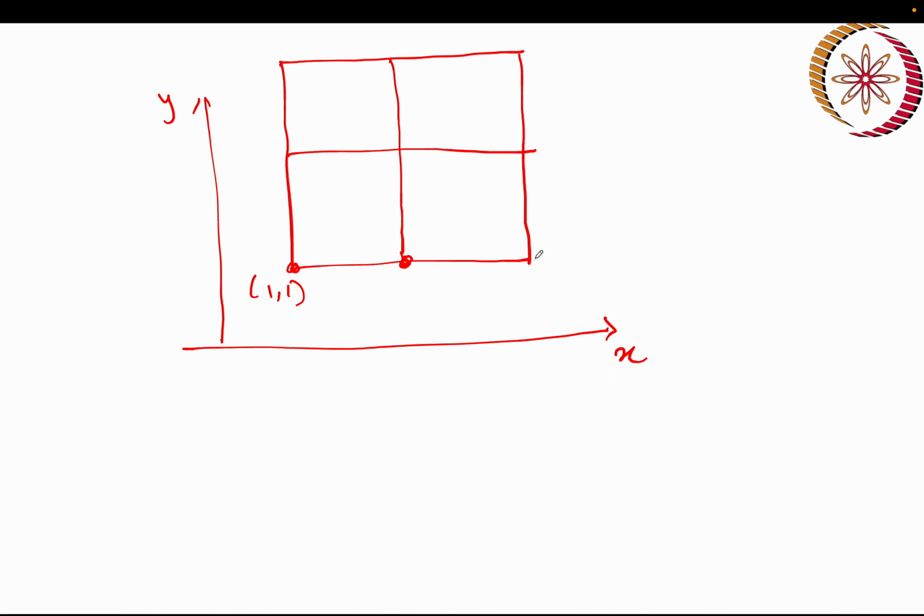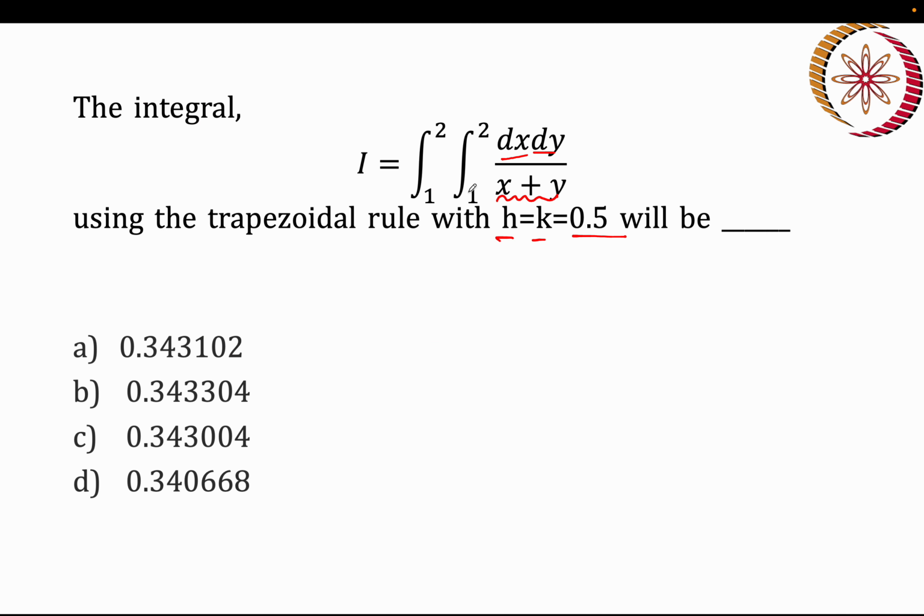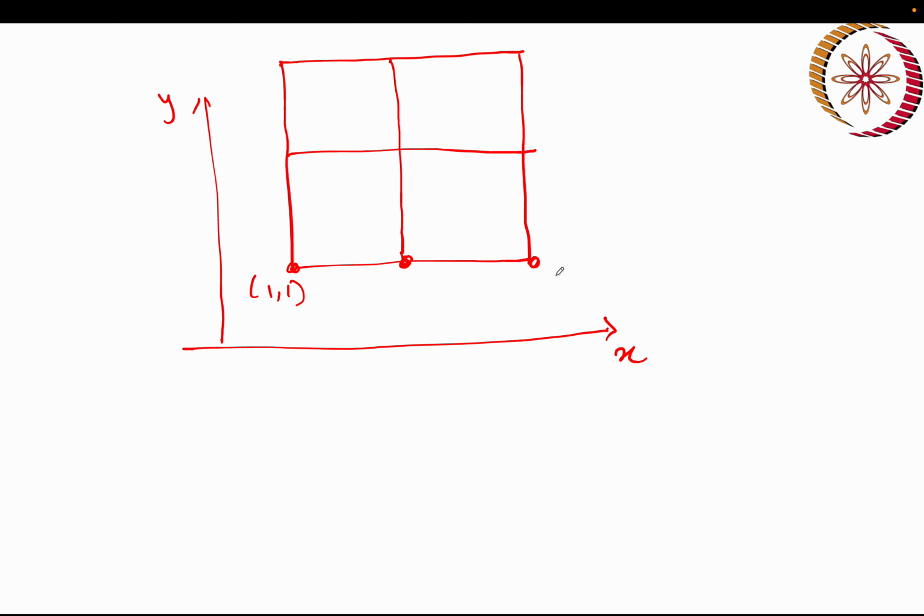The limit for x is 1 to 2, so this point will be x is equal to 2 and y is 1, and for the middle point, the step size given is 0.5, so for this point x will be 1.5 and y is the same. This point will be 2, 2, and similarly this central point will be 1.5, 1.5, and this point will be x is equal to 2, y is equal to 1.5, and for this point x is equal to 1 and y is equal to 1.5.